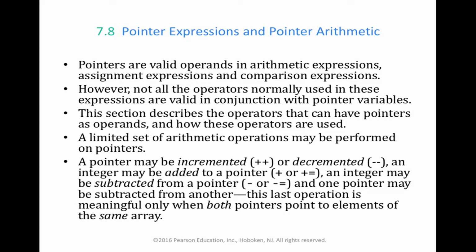We can increment, decrement, add, and do the shortcut assignment with pointers. A pointer may be subtracted from another pointer, and this is only meaningful when the pointers point to the same array. So we can add an integer to a pointer, subtract an integer from a pointer, and subtract 2 pointers from the same array.